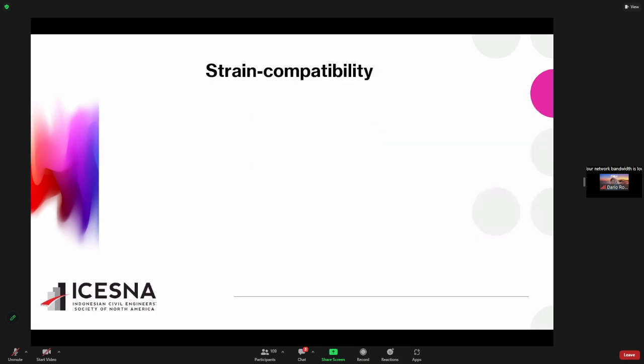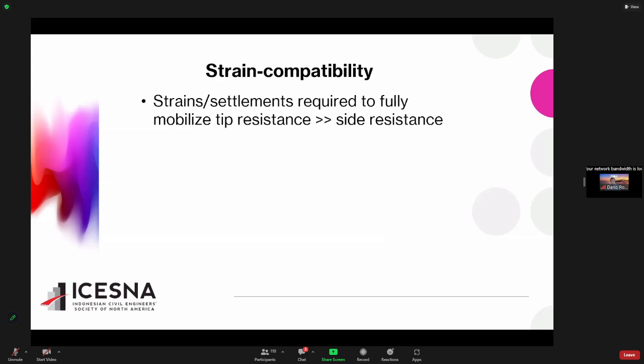One more thing I want to discuss is the strain compatibility. The strain or settlement that is required to fully mobilize tip resistance typically is a lot bigger than what is required for side resistance.